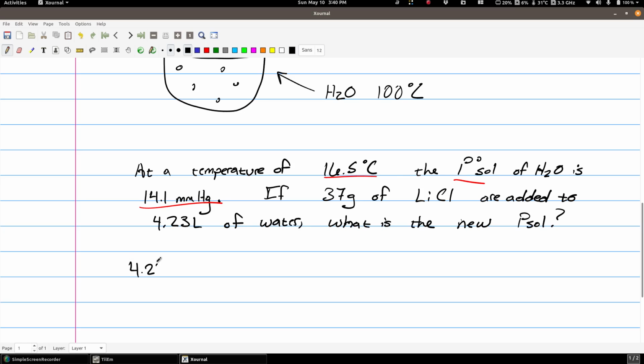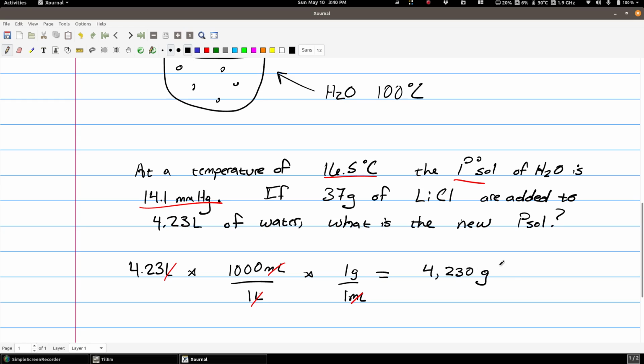If you have 4.23 liters, that means you have 4,230 milliliters, and the density of water is 1 gram over 1 milliliter. So right there, you've changed all of this to grams.